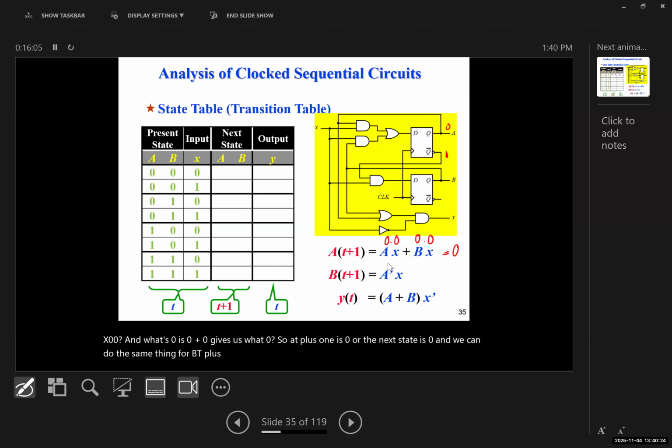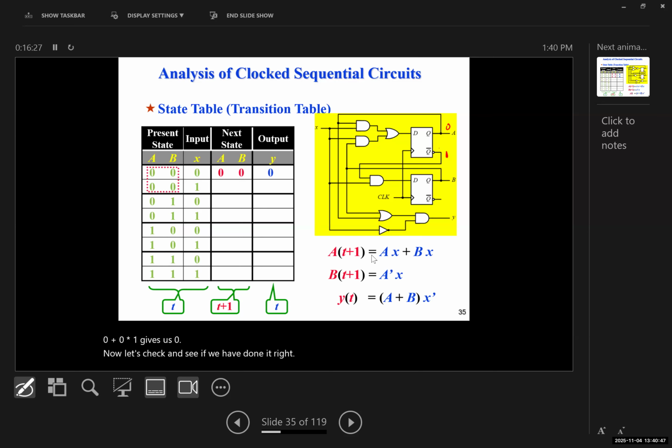A was 0, so A prime would be 1, but X is 0, so 1 times 0 gives us 0. So this would be 0 as well. And again, this one, this is 1. 0 plus 0 times 1 gives us 0. Now let's check and see if we have done it right. So yes, A, B are going to be 0, 0, which are the next states of A and B, and Y is going to be 0.